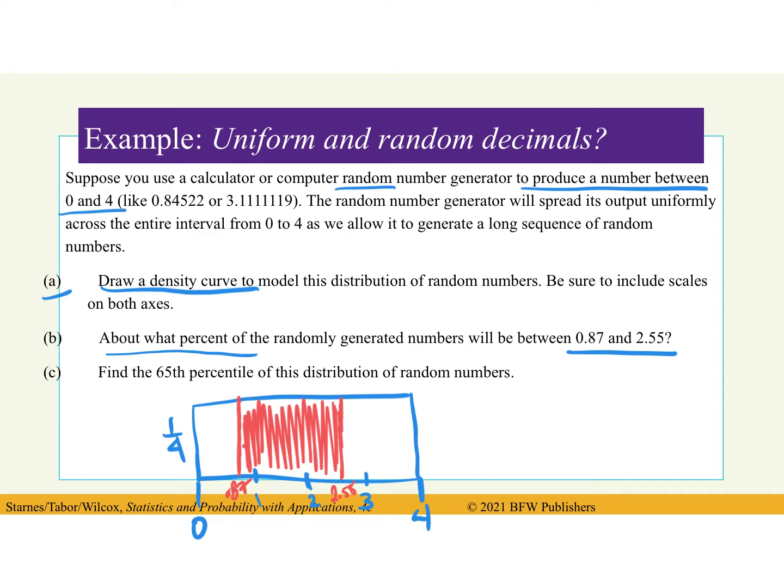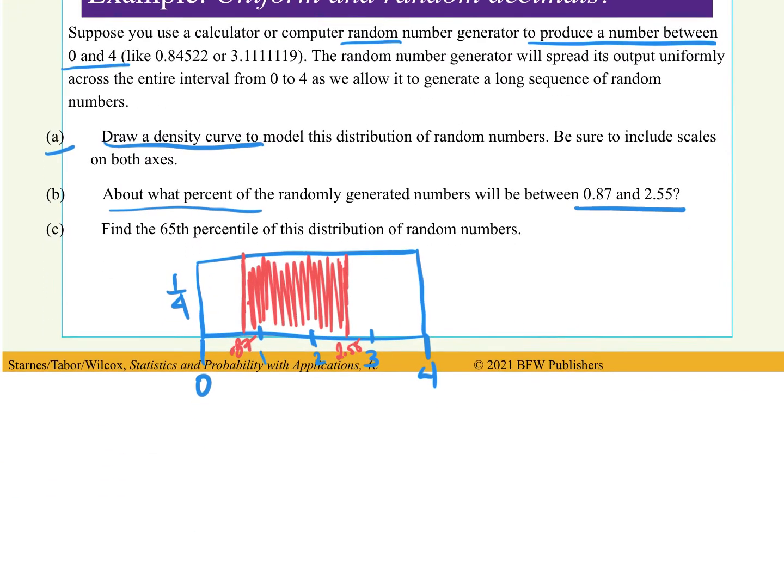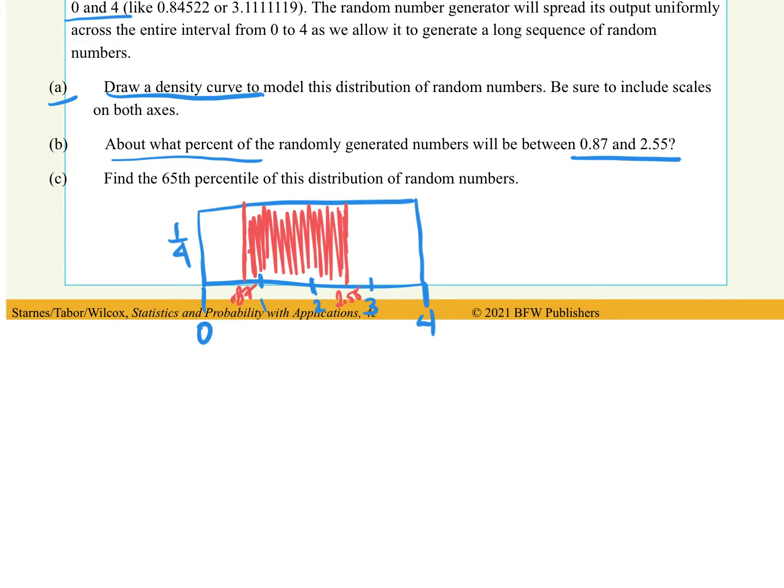You might want to make a separate drawing for B. That's up to you. Let me move it up a little bit. So can you find that area? Base times height, right?